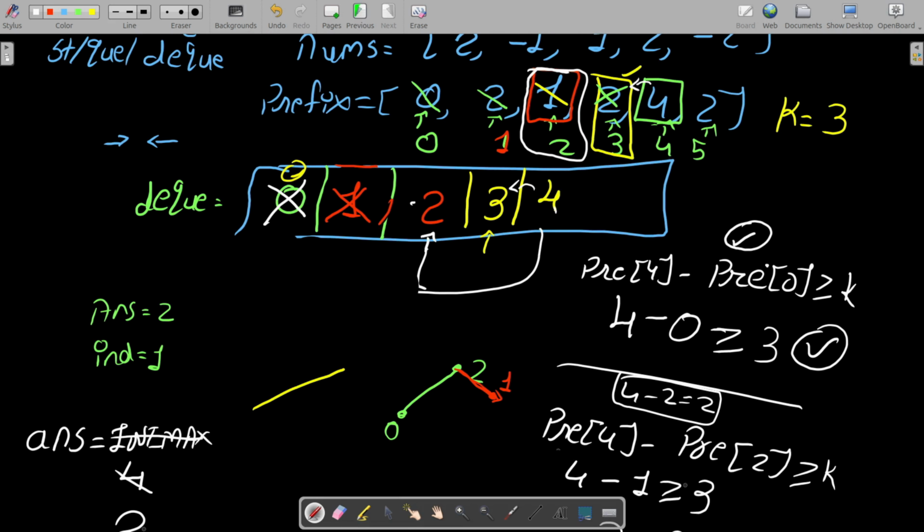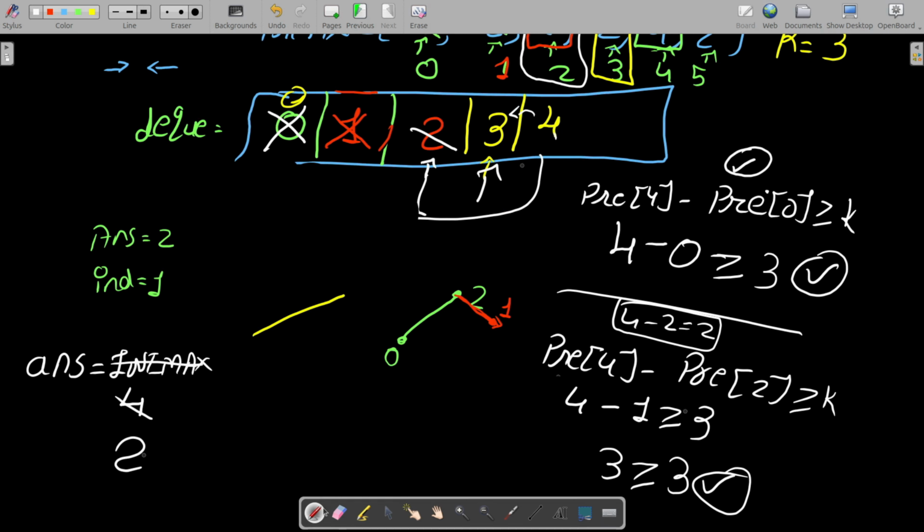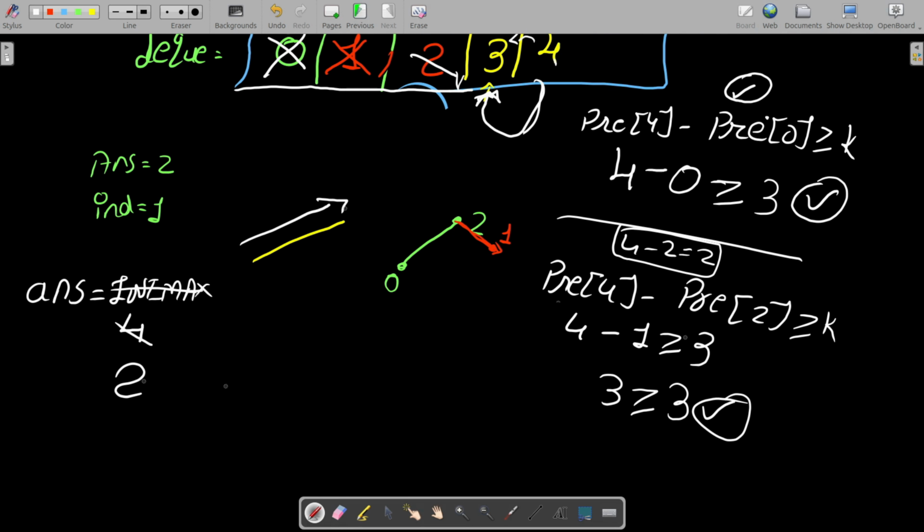Now again we try to shrink the window, and we come to this portion. So do you see that by the DQ we are shrinking the window, and we are always going in the increasing direction. So that's what is new here. Now we again check that prefix of 4 minus prefix of 3 is greater than or equal to k or not.